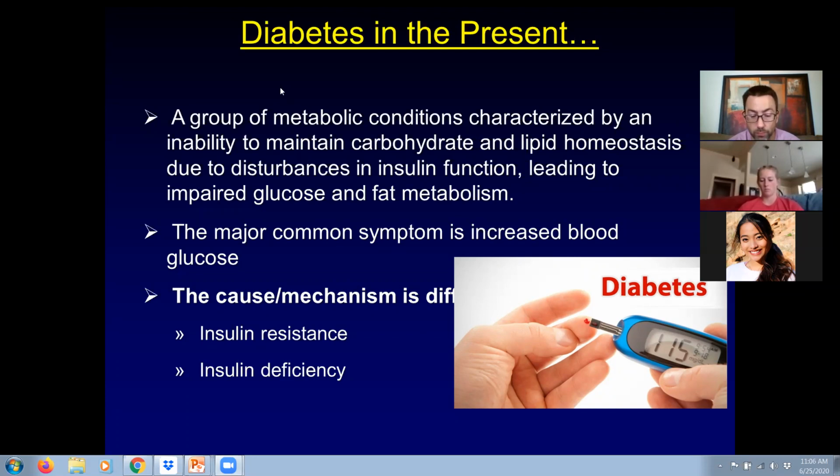When it increases, there are specialized cells located in your pancreas, okay? These are called the beta cells, and they're located in the islets of Langerhans. And this is all on a slide that we'll breeze through in the next couple. But these cells produce a hormone that is called insulin, okay?